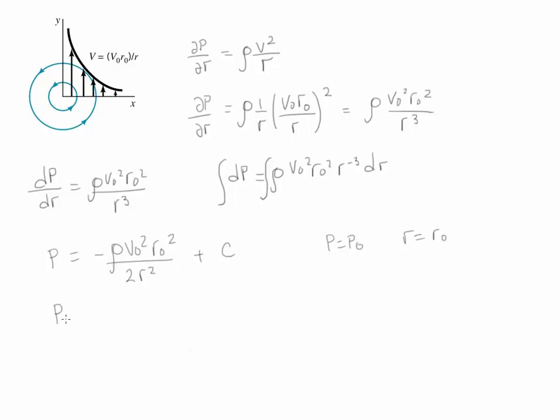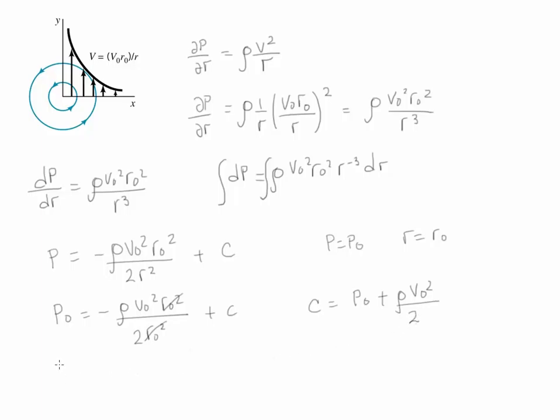Then we get p0 is equal to minus rho v0 squared r0 squared divided by 2 r0 squared plus c. Notice that the r squares cancel, and the value of c then becomes p0 plus rho v0 squared divided by 2.